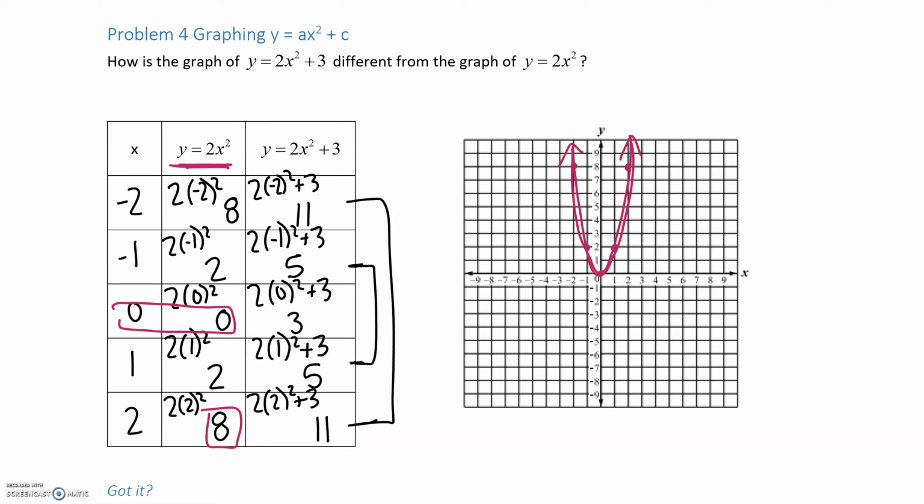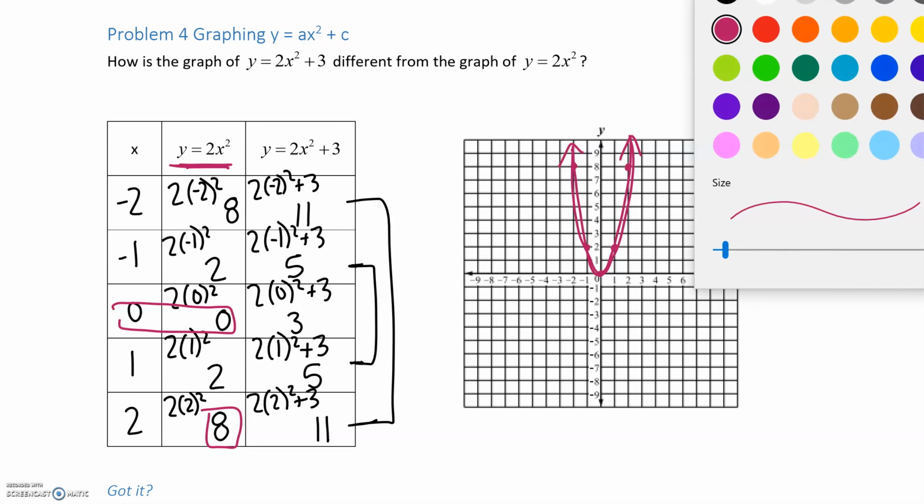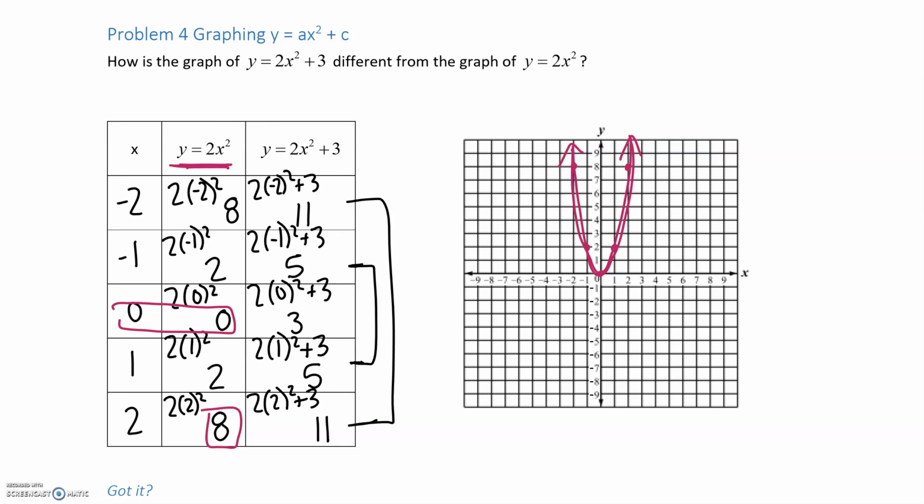Okay. Now, if we go and we graph our function with the +3 on the outside, we are going to start at 0, 3, because that's going to be where our value starts. Okay. Then if we go over 1, we're going to go up to 5.